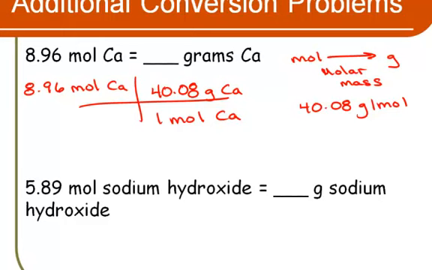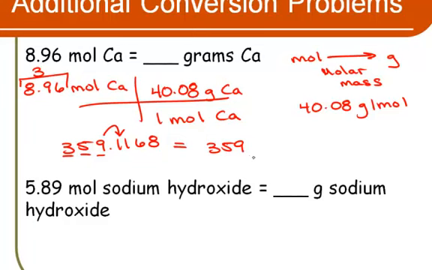So now I'm going to take 8.96 times 40.08 and get 359.1168. 8.96 has 3 significant figures, 1, 2, 3. So my answer is 359 grams of calcium.